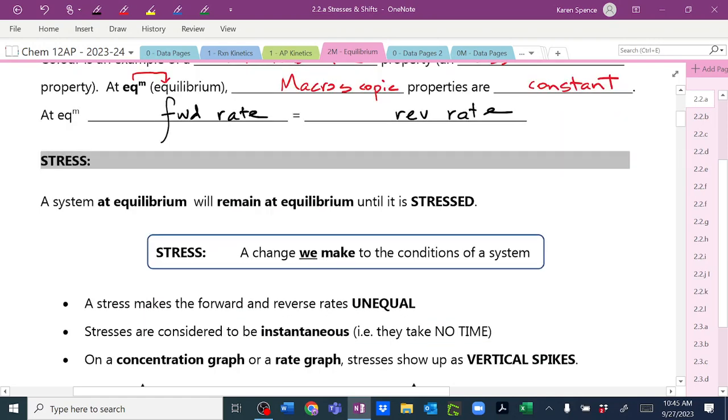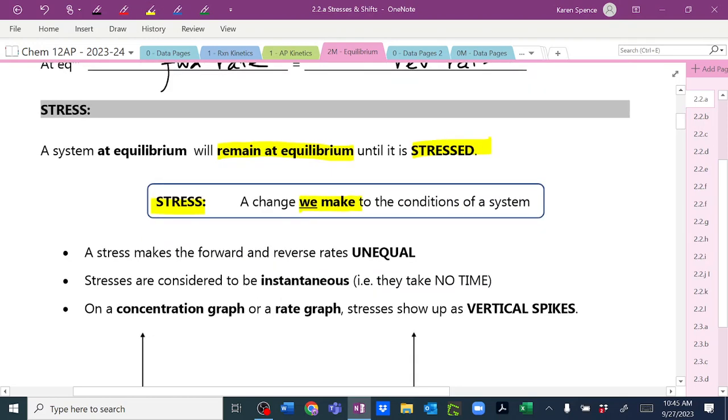A system at equilibrium will remain at equilibrium unless it is stressed. A stress is any change we make to the conditions of the system. The key thing is that it needs to make the forward and reverse rates unequal, okay?